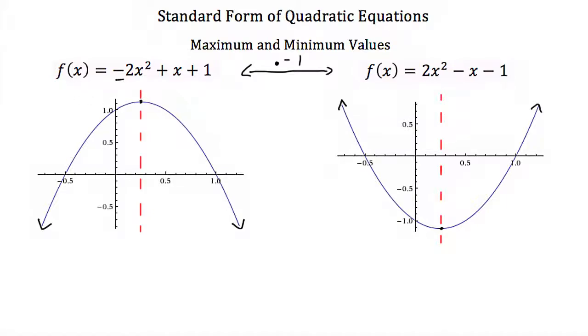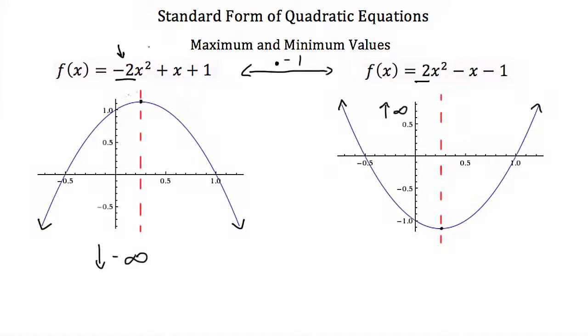If our a term, or our first coefficient on the quadratic term, is negative, then your quadratic function, or the parabola, will point downward, or will go to negative infinity in the y direction. If your coefficient on the quadratic term, or your a term, is positive, then your quadratic function will go on to positive infinity in the y direction.